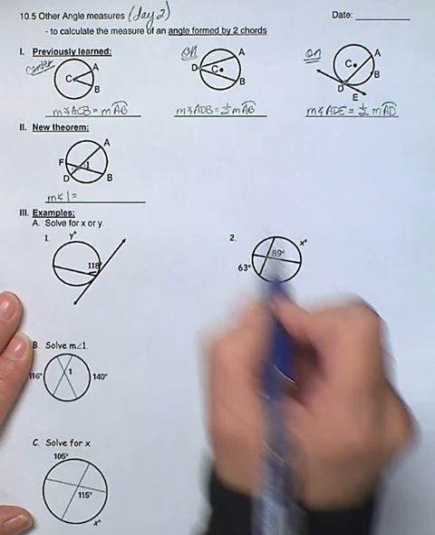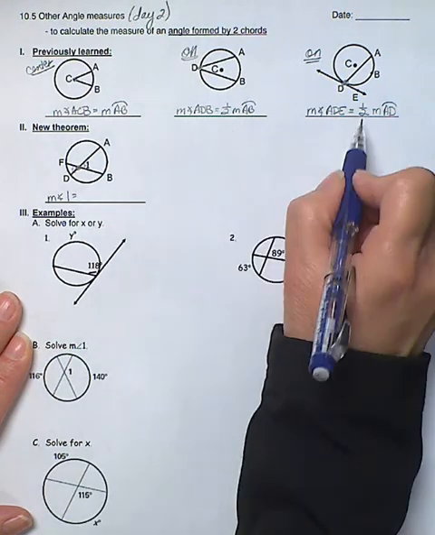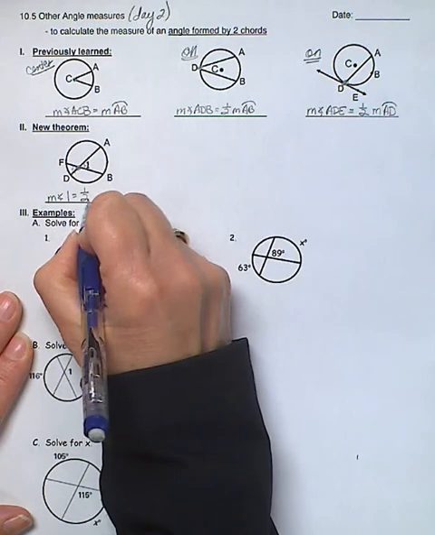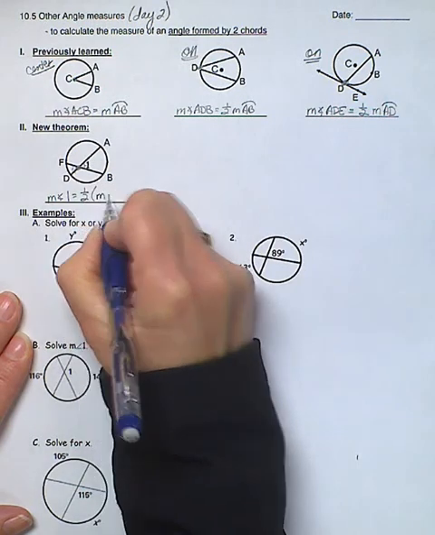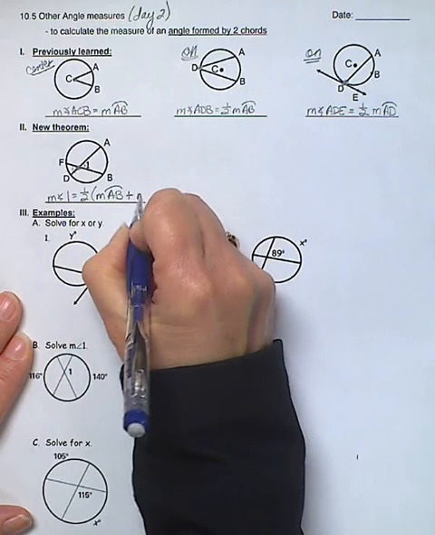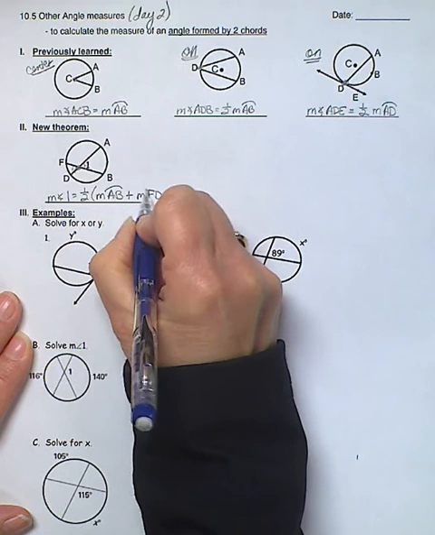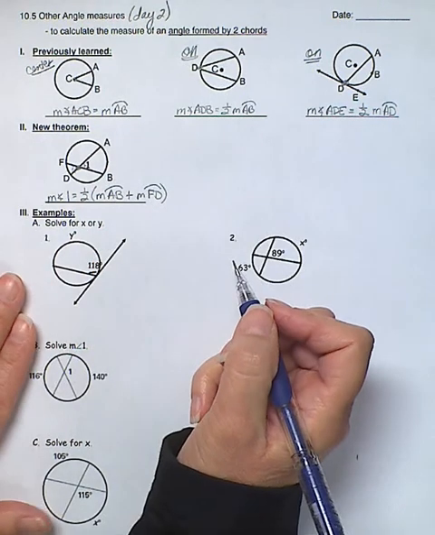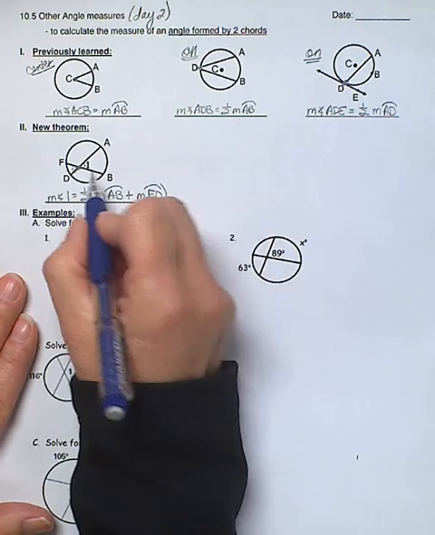Since we've already started with a half, we're going to stay using a half. So half the sum of the two arcs that the angle intersects.